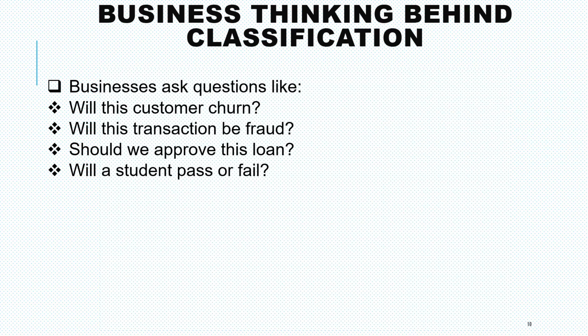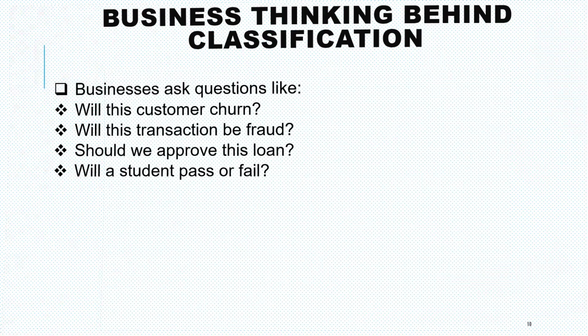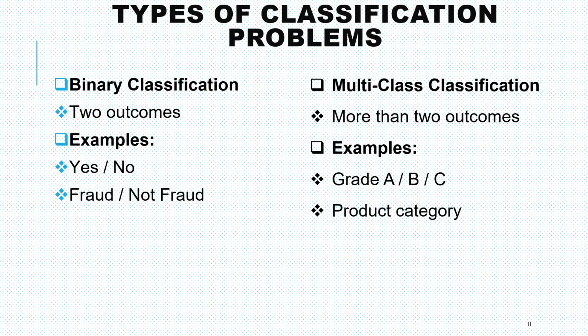But in classification, we have the two answers, or the two outcomes, and we have the multi-class one, where you have different groupings, more than two groupings.